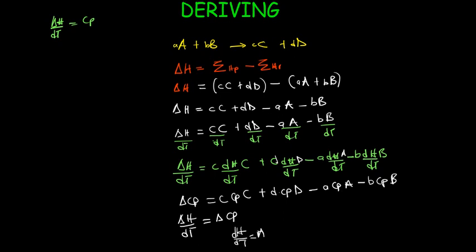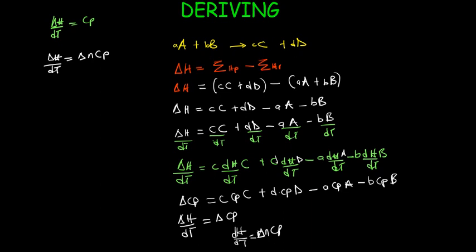So I'll say change in mole, then Cp is constant because Cp was constant to everything. So therefore I'm saying change in enthalpy over change in temperature will be change in number of moles, then Cp, like that.